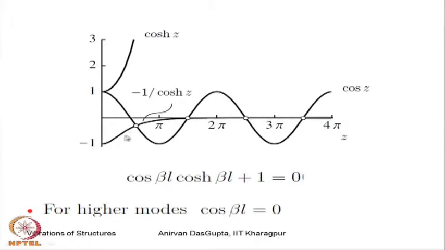These two functions have been plotted, and the intersection of these two functions are marked by these unfilled circles. So, these are going to give us the circular natural frequencies for our cantilever beam. So, let us see what we have done.